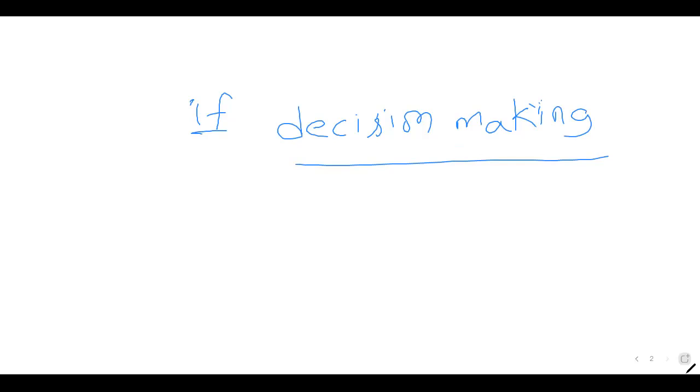If you want to implement decision making in a program, then you should go with the if statement. If it is a very small decision, you can go with the conditional operator itself. But if a lot of execution and a number of statements are there, then you should go with the if statement.